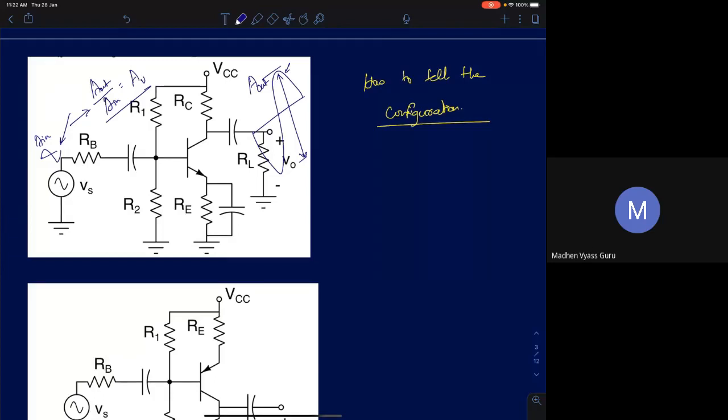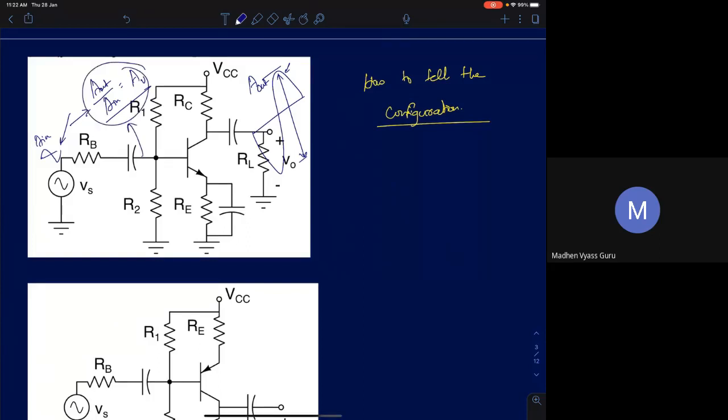The reason we do a small signal model is that it is around the bias voltage, not the cut-in voltage. You have to linearize the graph around the bias voltage. By linearizing the graph around the bias voltage, we can draw a small signal model, and from the small signal model, we can find the small signal gain. So we can actually estimate the value of this gain.